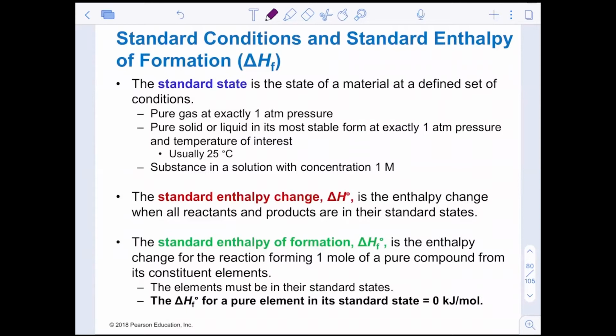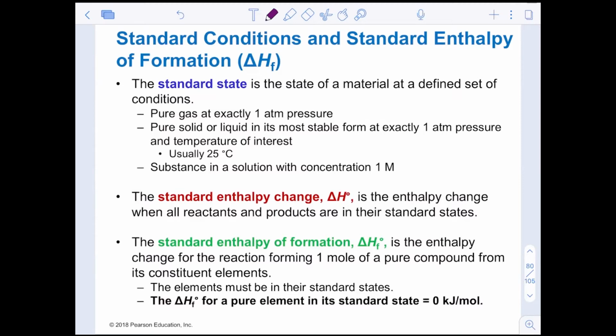Now, standard comes from the idea of standard state. That means that the material or the molecule or the atom is defined in its standard set of conditions. So a pure gas exactly at 1 atm of pressure, pure solids or liquids in their most stable form at exactly 1 atm, and the temperature of interest, usually around room temperature, 25 degrees Celsius.